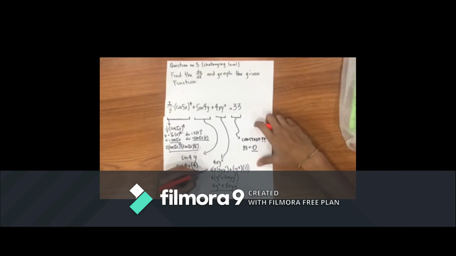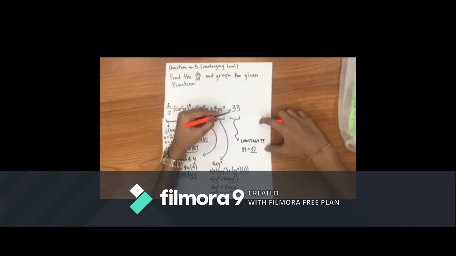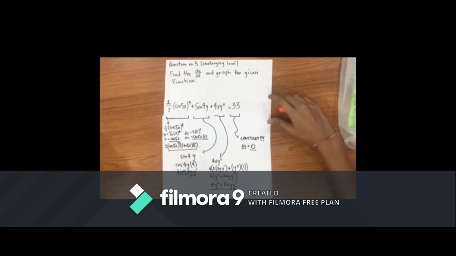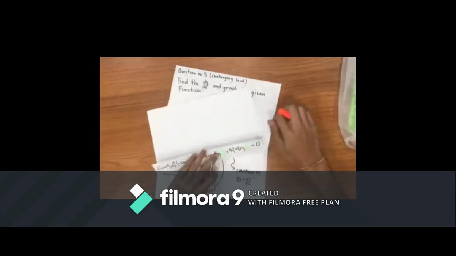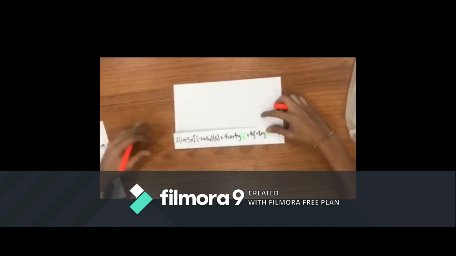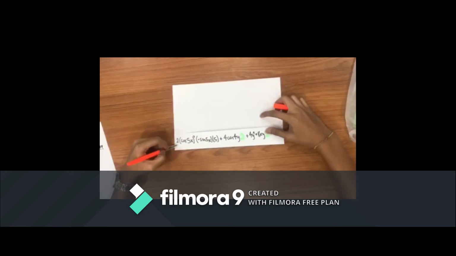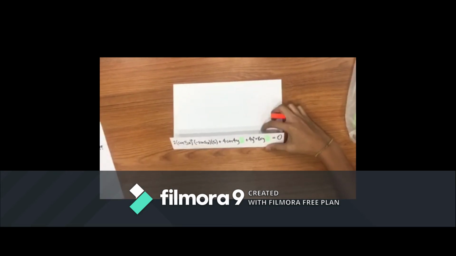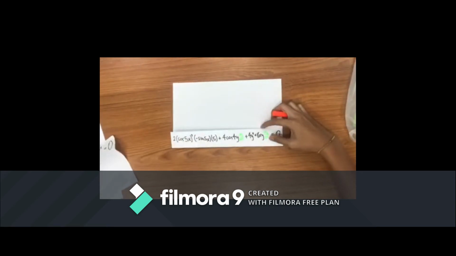So here are the steps. For our constants, the derivative is equal to 0. So our new function is going to be this one, 2 cosine 5x. So we need to simplify it.